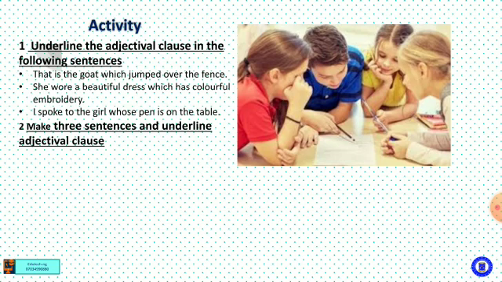The second activity is that you're going to make 3 sentences and underline the adjectival clause, just like the ones I made above. You're going to make your own and underline the adjectival clause.